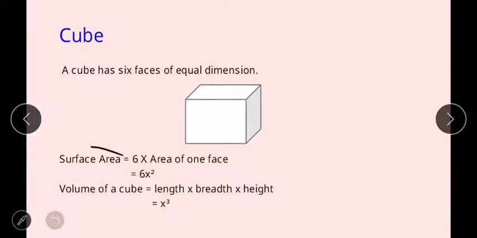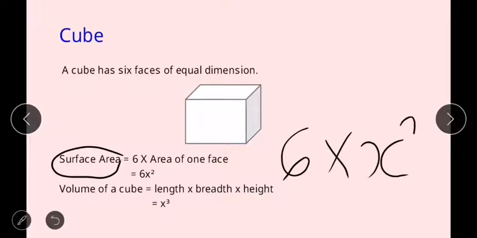Therefore, the surface area of a cube would be 6 times the area of one face, which is x squared. That makes it 6 times x squared to give us 6x squared. That is the formula to calculate the surface area of a cube.